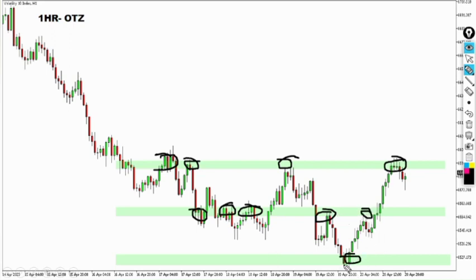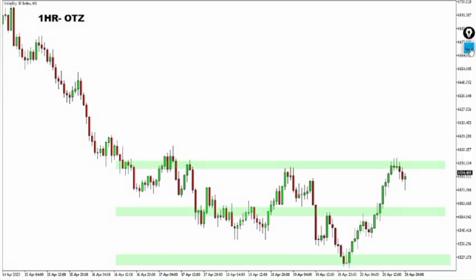And then we have a bigger zone here which we just marked out in this case, right? So with these zones, what are we going to do? Now we are on the 1-hour time frame. We looked at the trend on the 4-hour time frame. We drop down to the 1-hour time frame to get support and resistance, and then now we are going to the 15-minute time frame to confirm our entries, right?